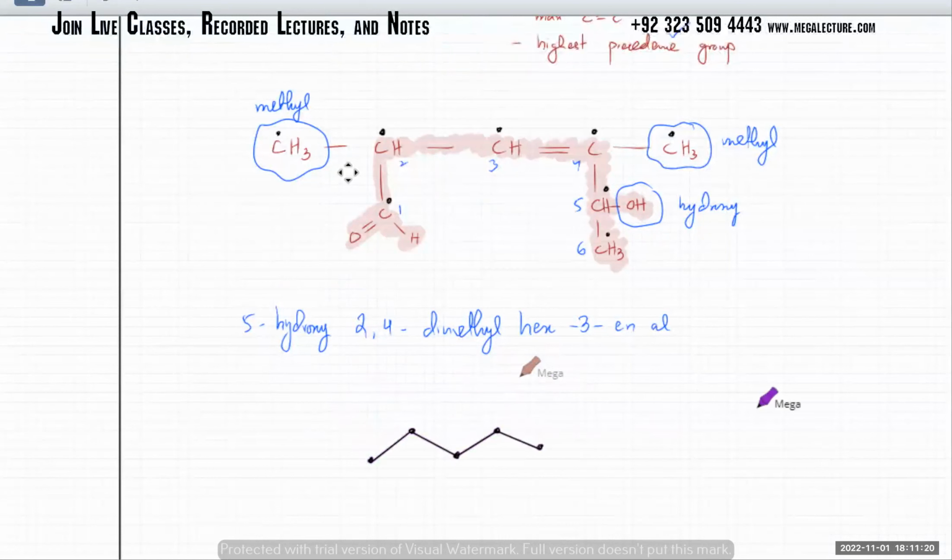And on the second carbon atom, there's another carbon atom. So on the second one, yahan pe there's this other carbon atom. So I've drawn that. And this carbon atom over here, that's a double bond O, and H. So you draw the functional group. Okay, so it's got a double bond.